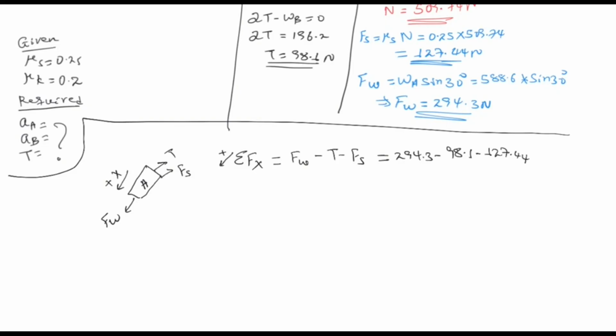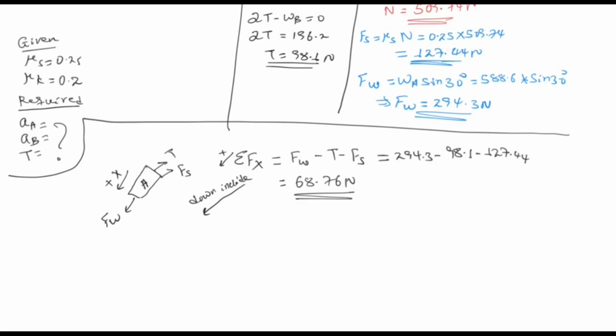If you evaluate this, we get the summation of forces in the x direction as 68.76 Newton. Since this value is positive in the downward direction, it indicates that the system is moving down the incline. So we are sure that the block is moving down the incline.